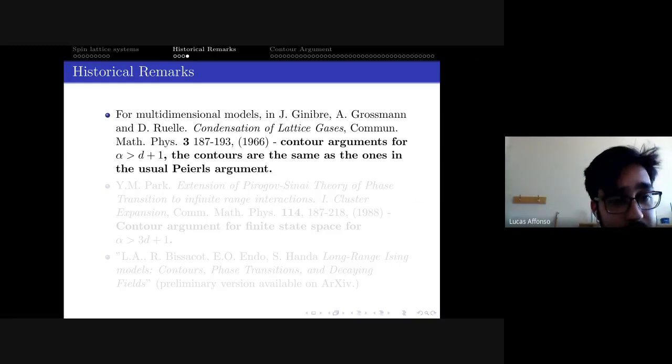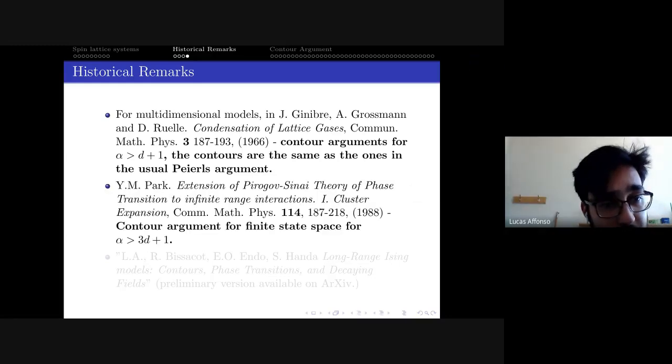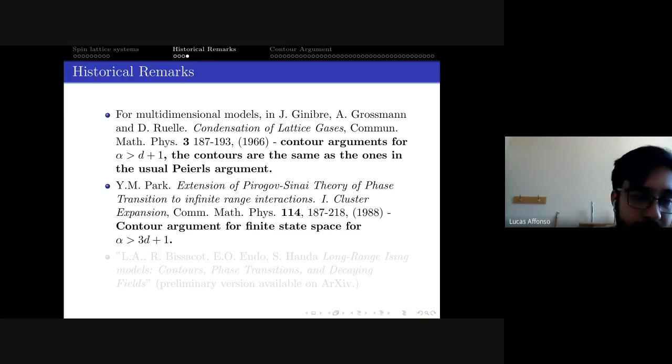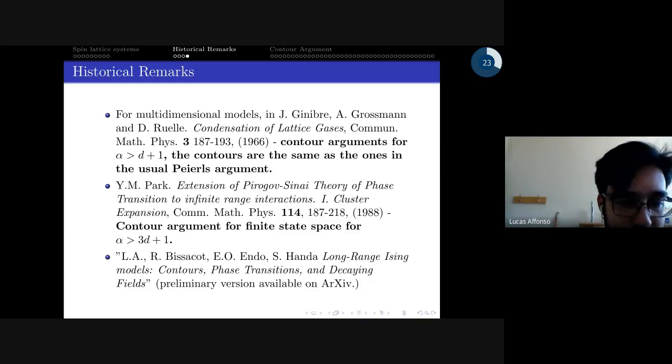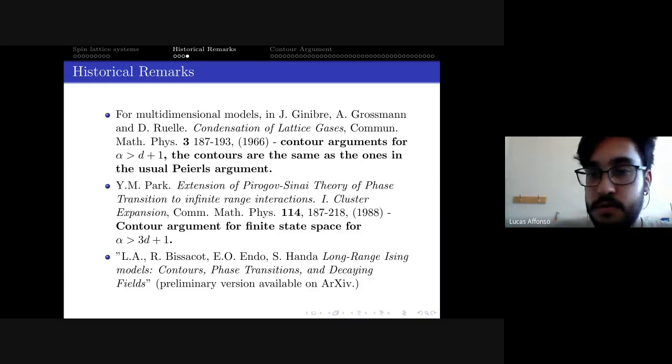After that, we also have an extension of Pirogov-Sinai theory by Park, where he has more general spins. For instance, he can study the long-range Potts model in his work, but he has to restrict even more: the decay of the interaction should be larger than 3d+1. After that, we have a result that we have a preliminary version of on arXiv.